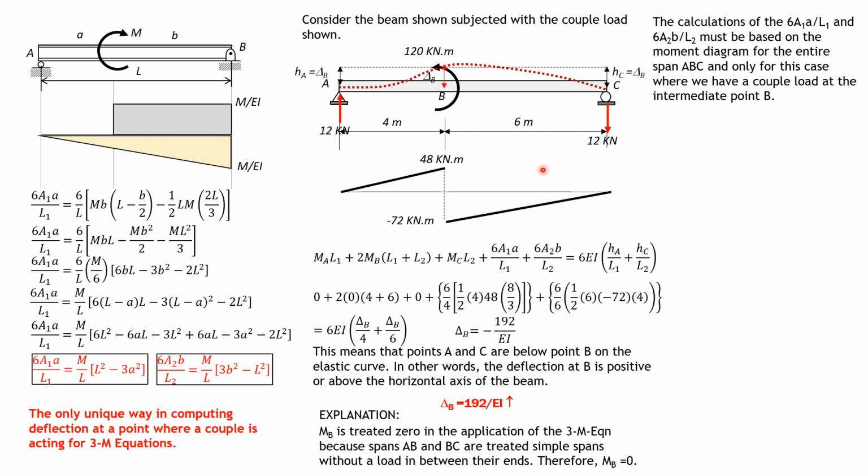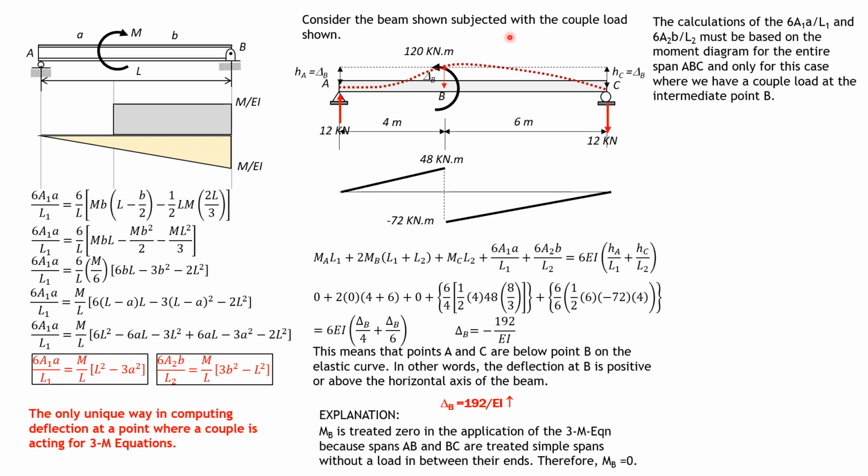Another explanation: the calculations of the values 6A1a over L1 and 6A2b over L2 must be based on the moment diagram when there is a couple as a load only.